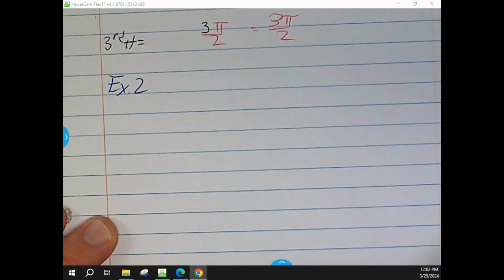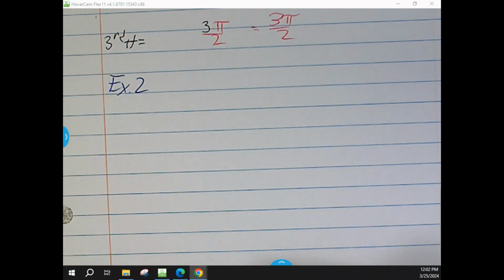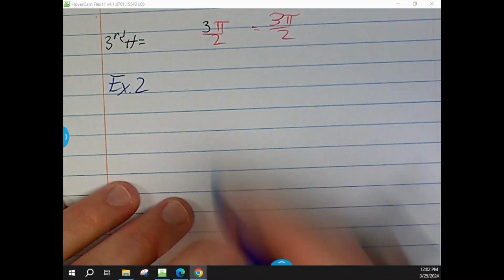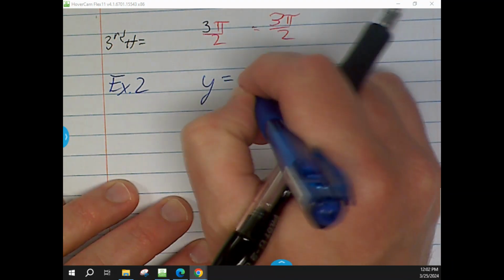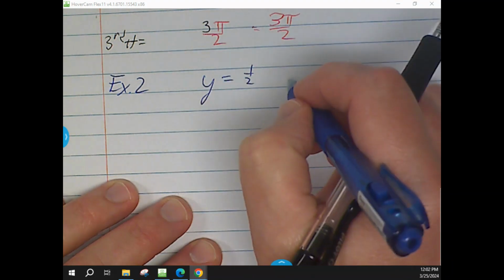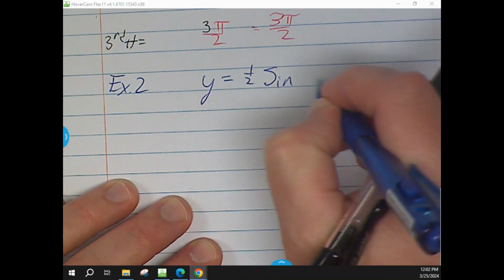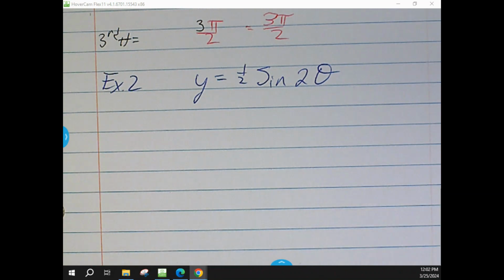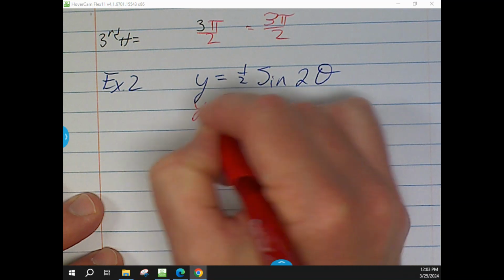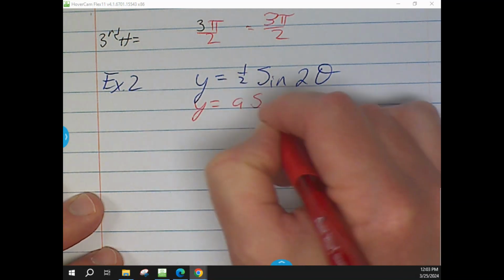All right, so for example 2. Let's do y equals 1/2 times the sine of 2 theta. Okay, so again, we're pulling from y equals a times the sine.